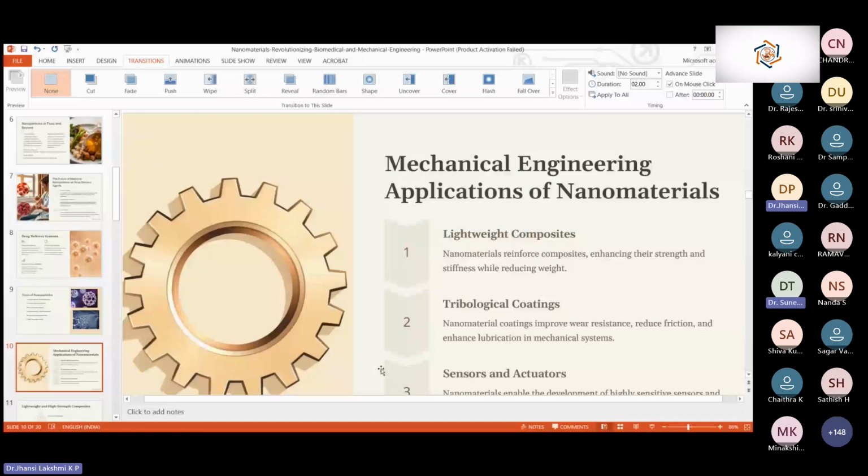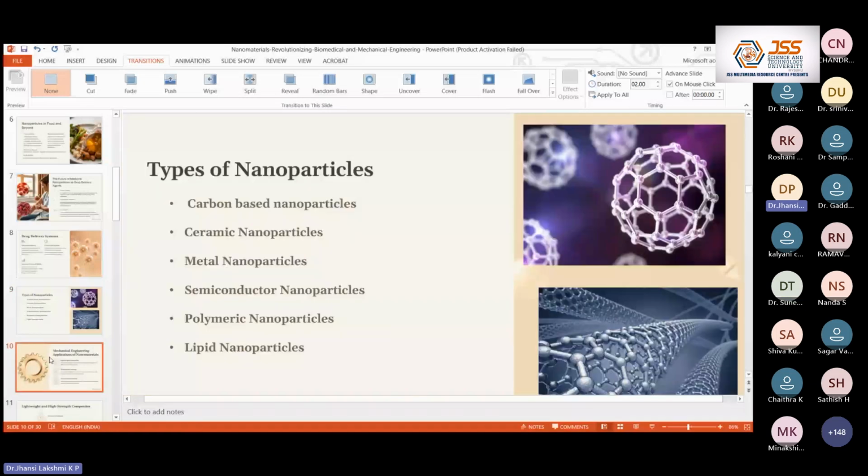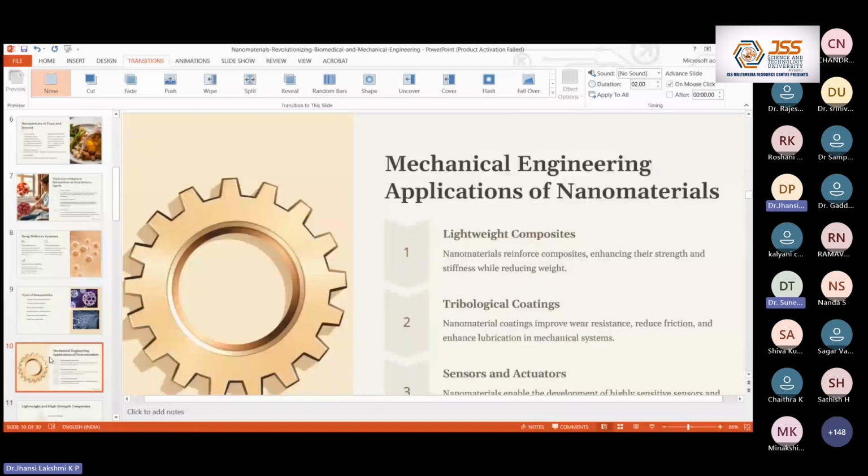Okay. Coming to the next application, that is the mechanical engineering applications of nanomaterials. So we can see where all we can use nanomaterials. What are the advantages of using nanomaterials in mechanical engineering? We can get lightweight composites and tribological coatings, and lightweight composites will enhance the strength.